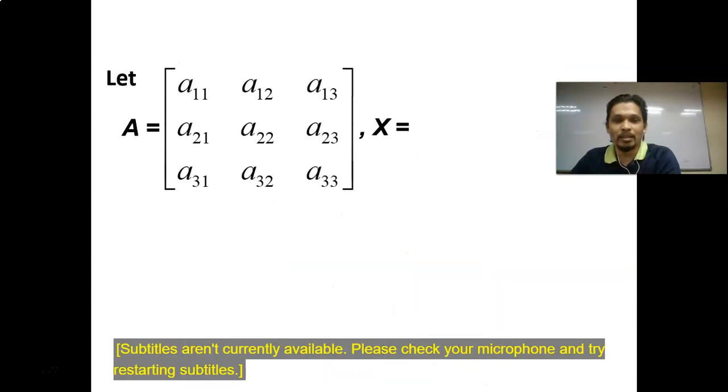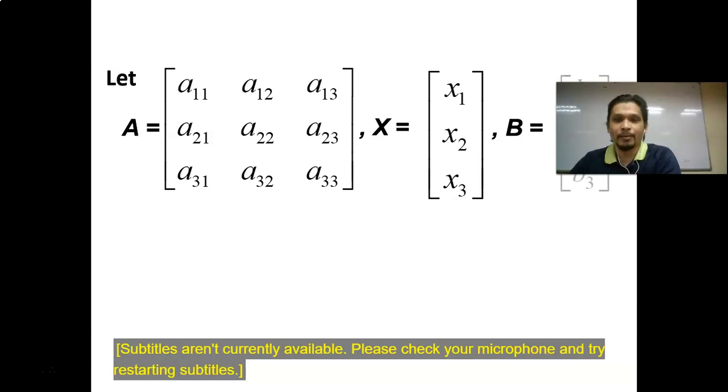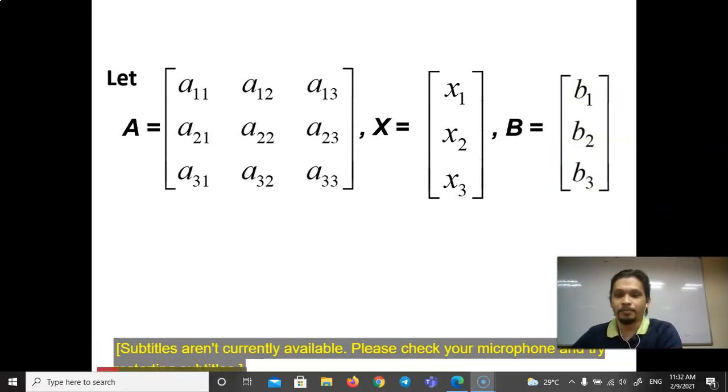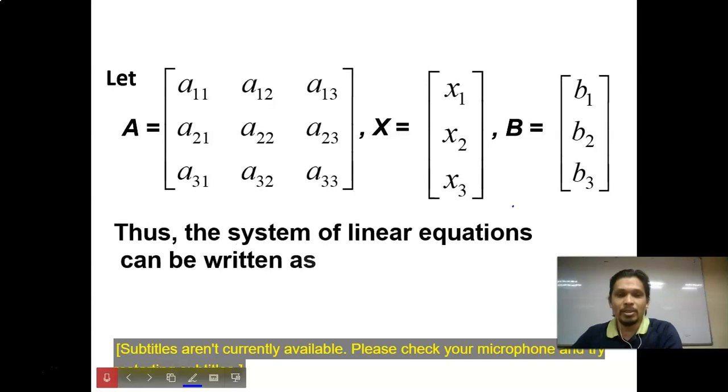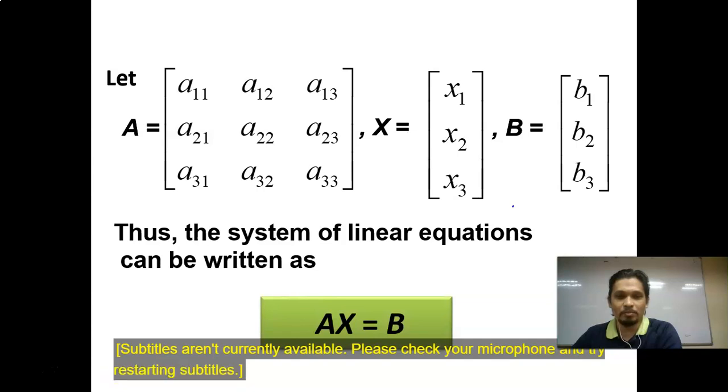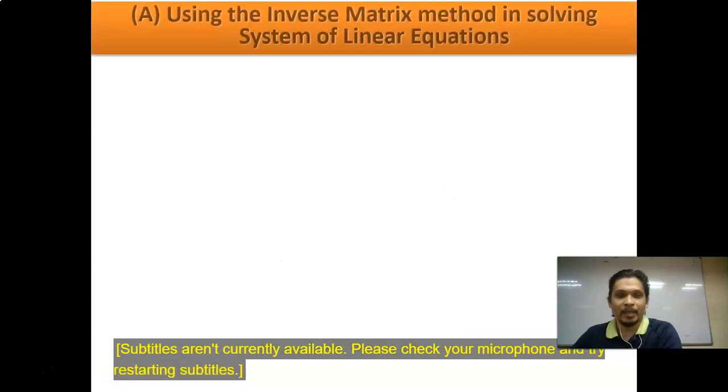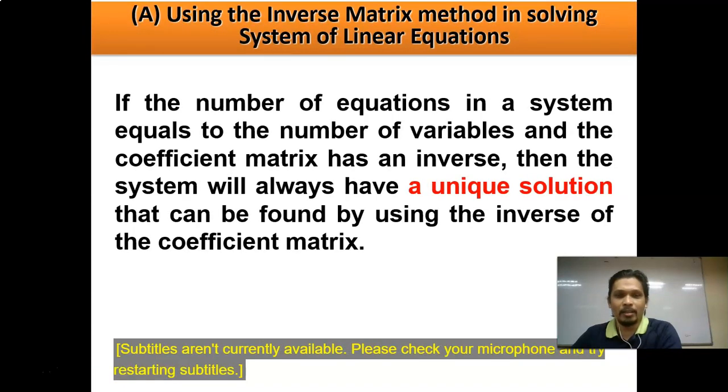So then, the system of linear equations can be written as Ax equal to B. And then, if the number of equations in the linear system is equal to the number of variables and the coefficient matrix has an inverse, then the system will always have a unique solution that can be found using the inverse of the coefficient matrix.